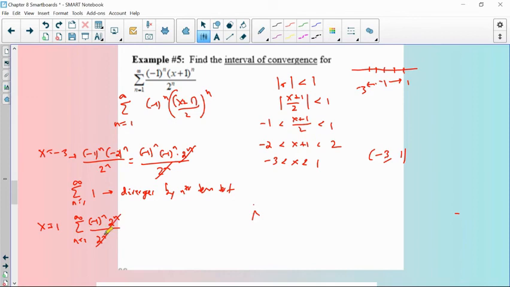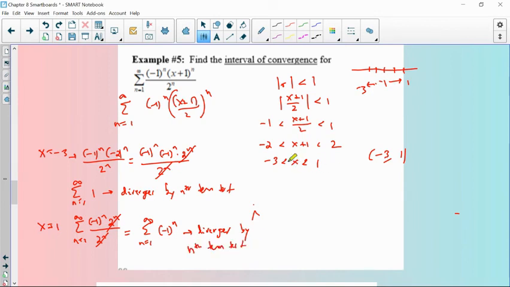So now the 2^n's cancel a little bit cleaner. And so we get the series n equals 1 to infinity of (-1)^n. So this alternates 1, -1, 1, -1, 1, -1. Guess what? That still diverges by the nth term test. So in this case, neither endpoint worked.